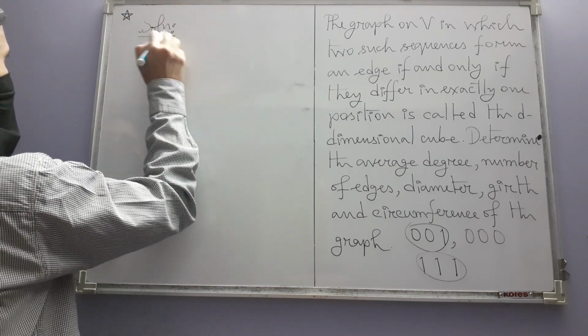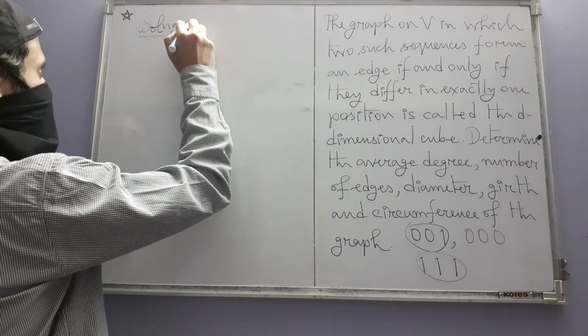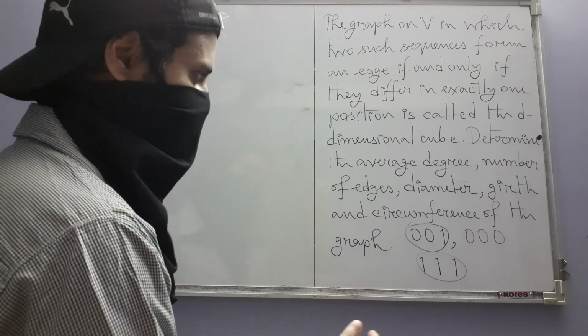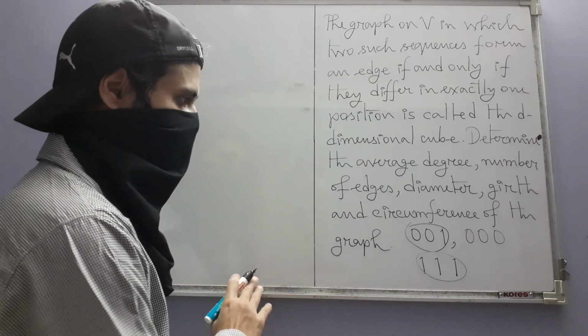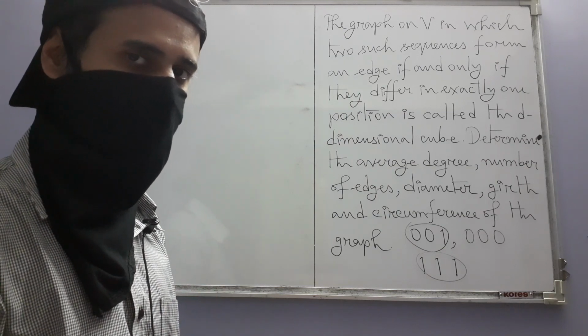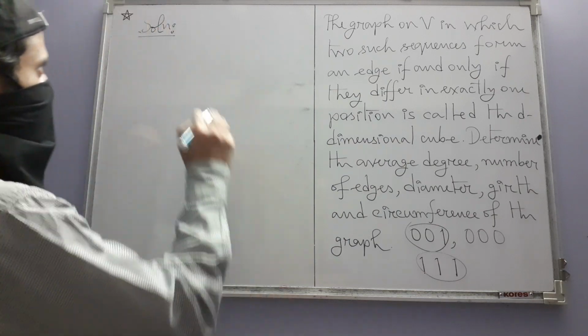Solution. Now before we start the solution, it will be nice if we give some notation to this graph. Let's call it Qd. Okay, let Qd denote the d-dimensional cube.